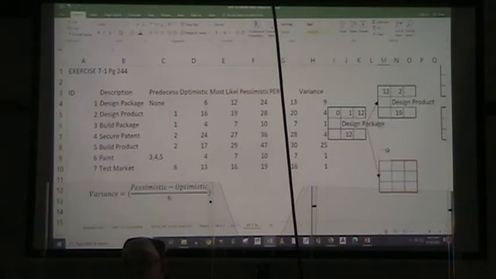All right, so I come down here, equals, again, my early start time is going to be equal to my early finish time. Tab over, equal, my ID is 3. My description is build package. And my duration, I'm going to put as the most likely time.